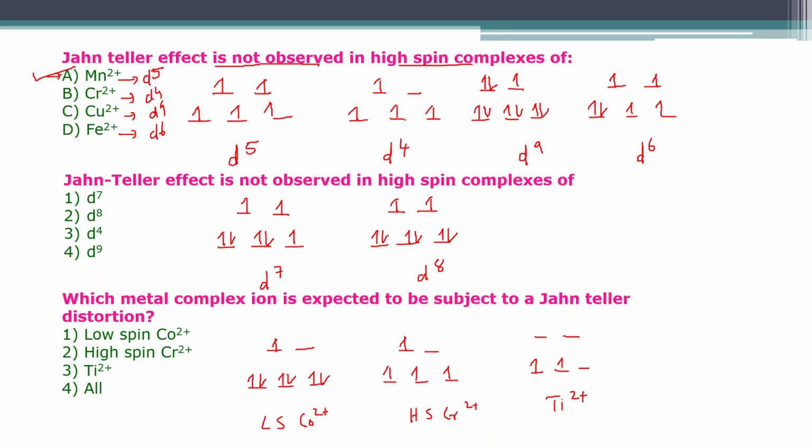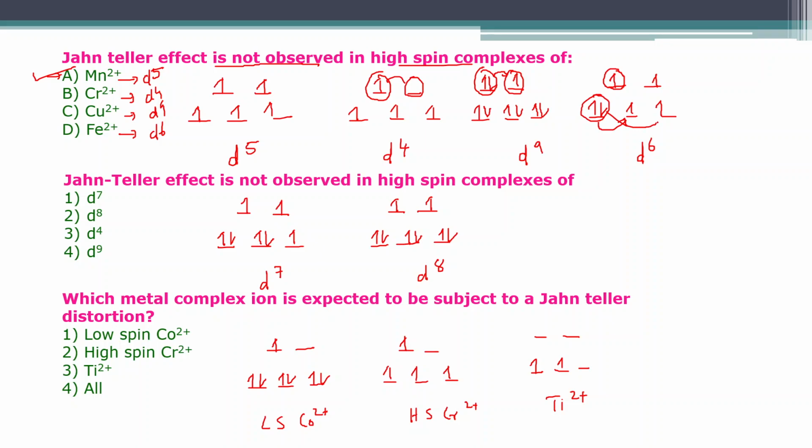In the case of the d4 configuration, you can see an uneven arrangement, and they will show electronic degeneracy. The electron can be here or here. In the d9 case, there is also an uneven arrangement. There is an unpaired electron here, and this one you can see the unpaired electron here.